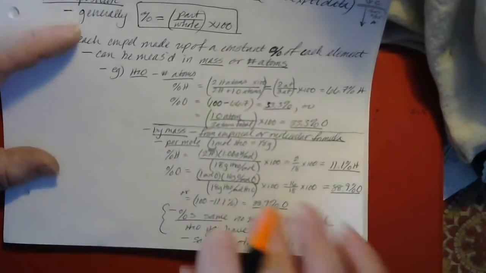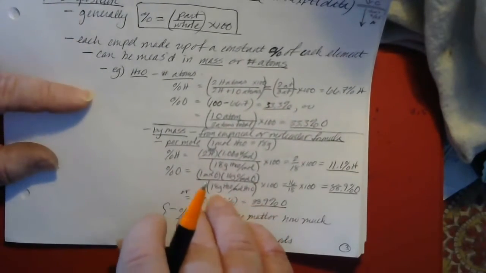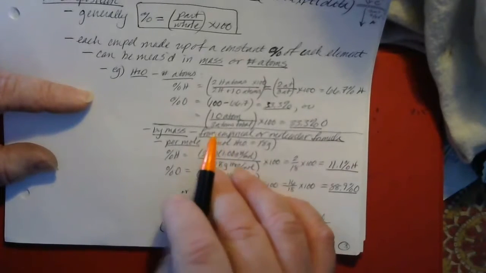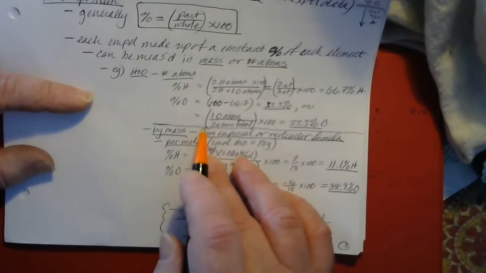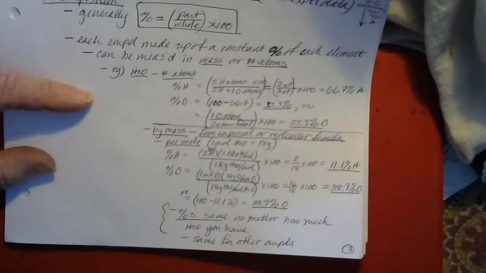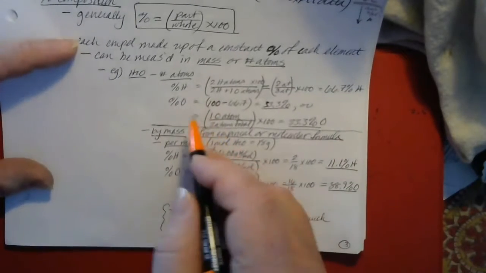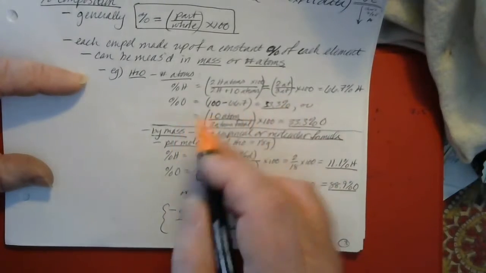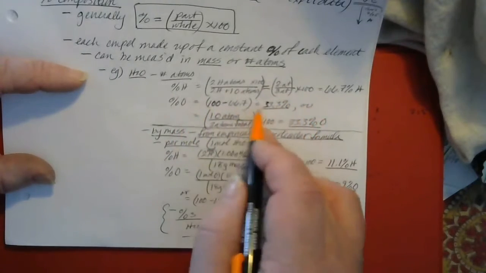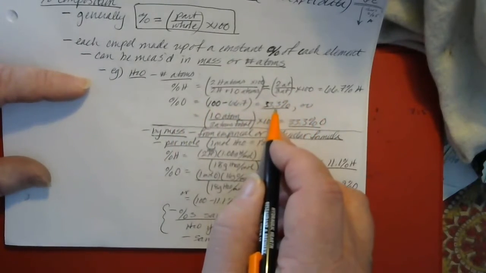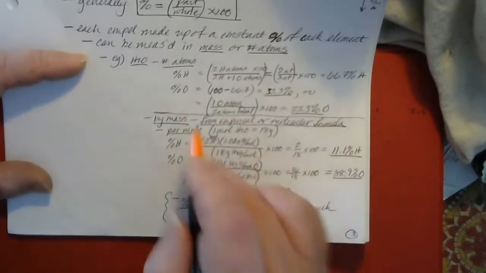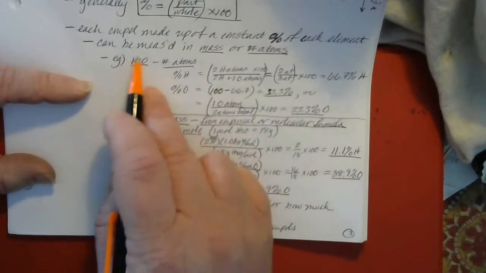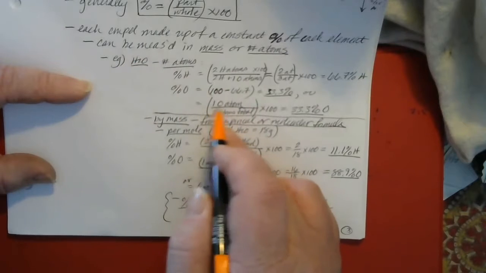So if you're on your last component and you've accounted for the percentages of everything else, the percentage of the final component is going to have to be 100 minus the percentages that you've already found. So in this case, percent oxygen should be 100 minus 66.7 because everything that's left is oxygen, and that would be 33.3%.